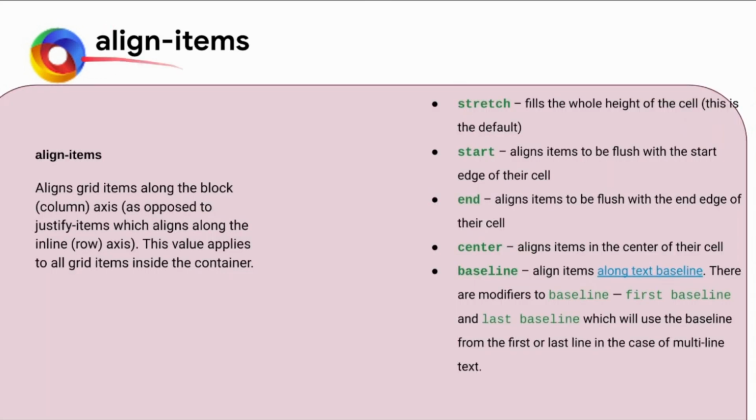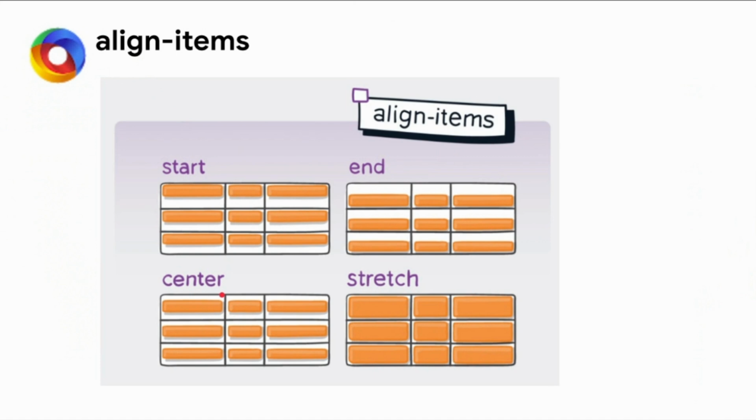Similarly, align items is basically the same thing in the column way. Suppose your inner grid item cells are very small, like a single line, and the grid is multi-line. In that case, you can say how the align items should be placed, so all the inner children would be aligned column-wise.